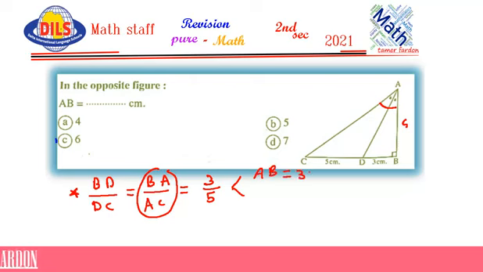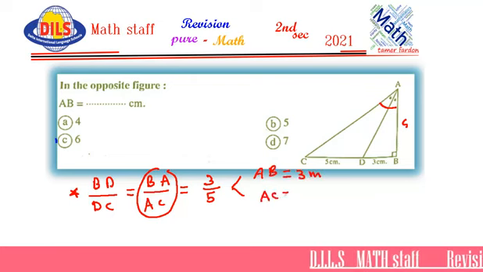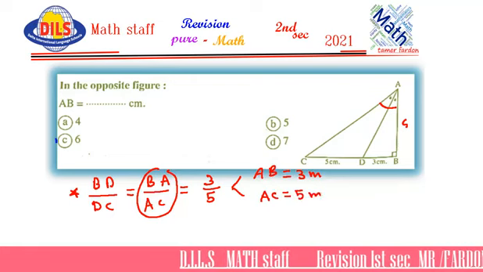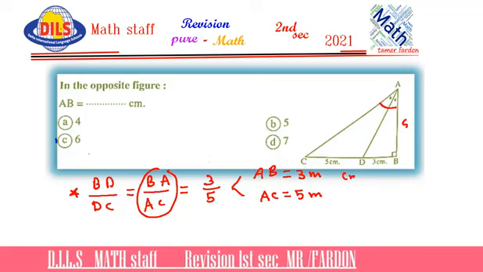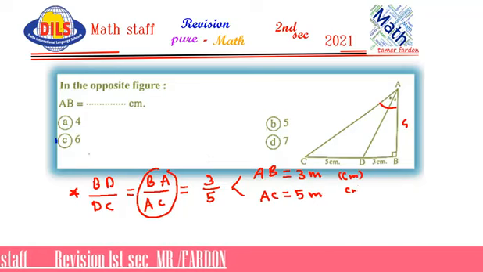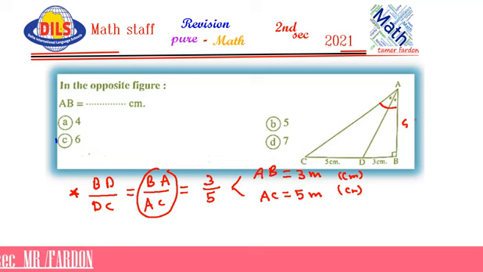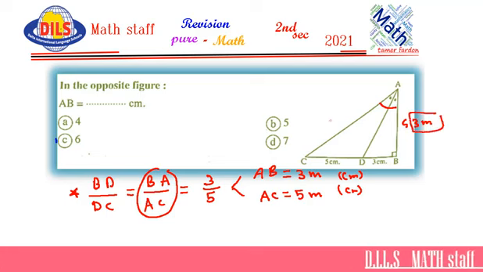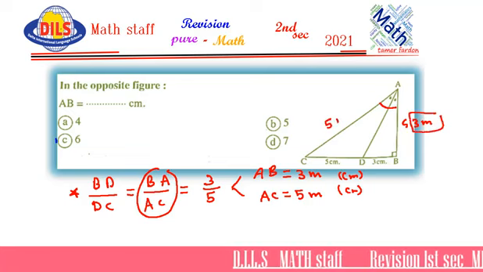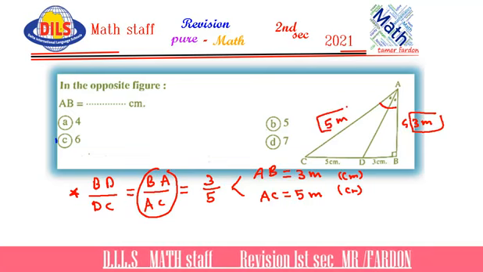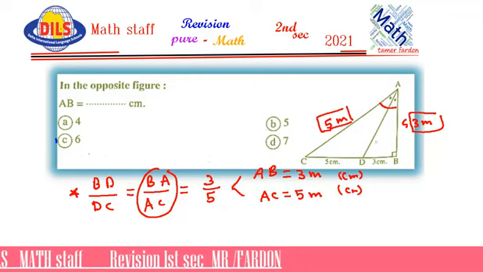equals 3m centimeters, AC equals 5m centimeters. We have to find the value of m.